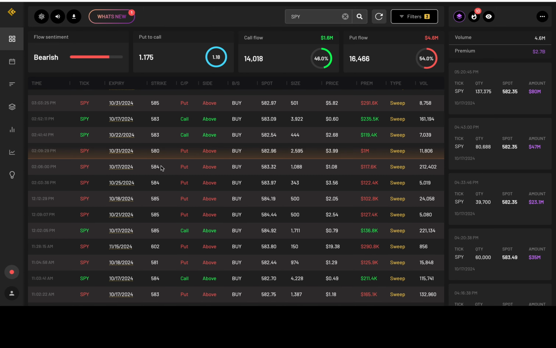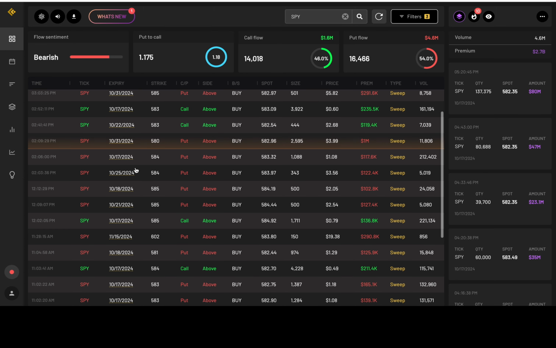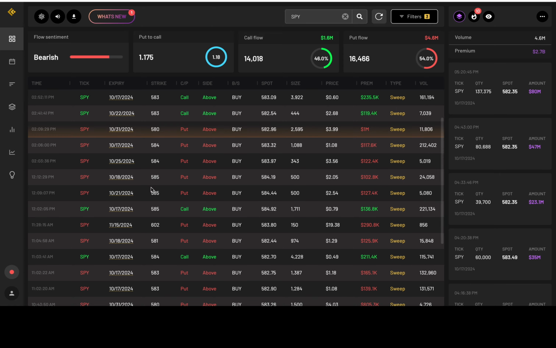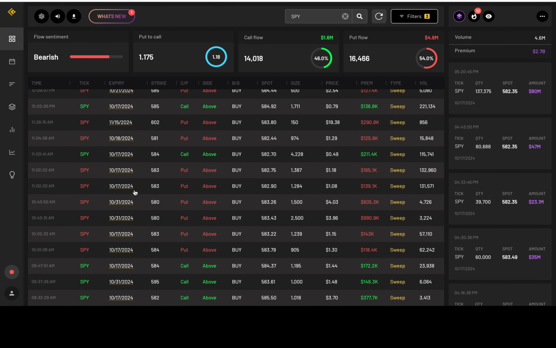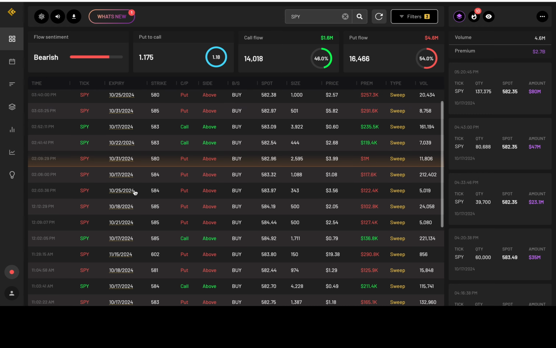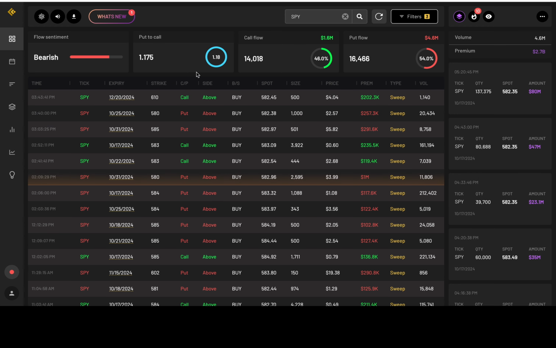Seeing a lot of bearishness, a lot of puts. Have some time in it, some 0 DTE, some 1 DTE. Yeah, a lot of these are probably expired today, yep. But still seeing a lot more puts. A lot more puts than calls.